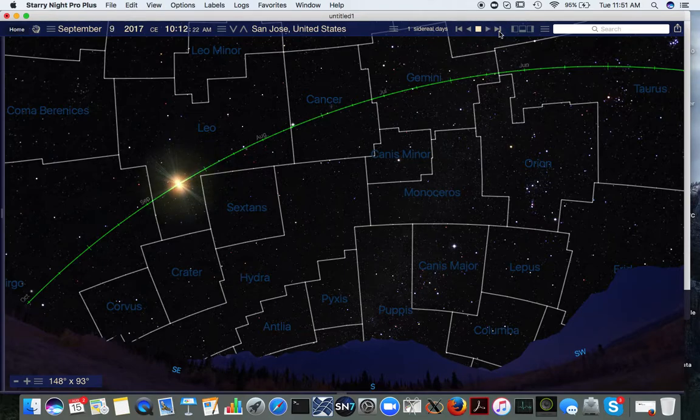Again, why do we see that? It's because Earth is the one orbiting the Sun, which leads to the second major motion we should be able to observe on a time scale of a few days or so, and that is Earth's revolution around the Sun.